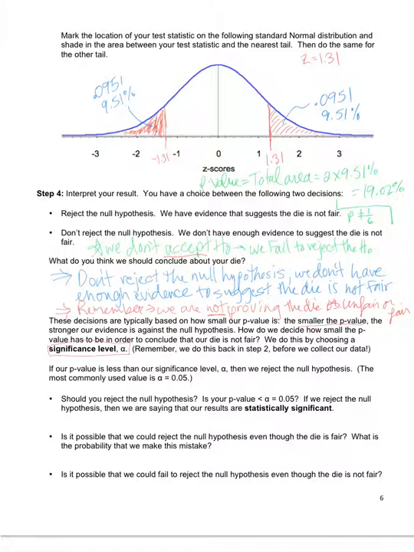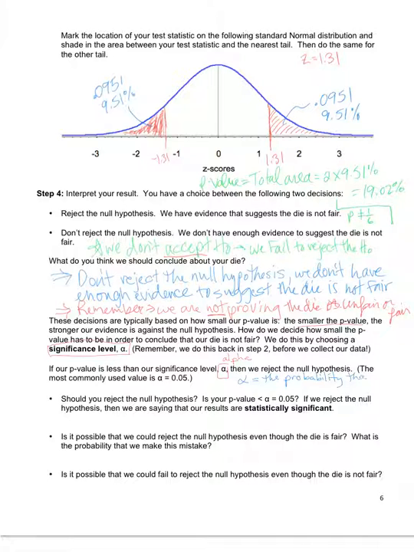In this case, if our p-value is less than our significance level, and this is the Greek letter alpha, then we reject the null hypothesis. The most commonly used value is alpha equal to 0.05. I'm just going to make a note here. Alpha is really the probability that we make a mistake in rejecting H0, or the null hypothesis.